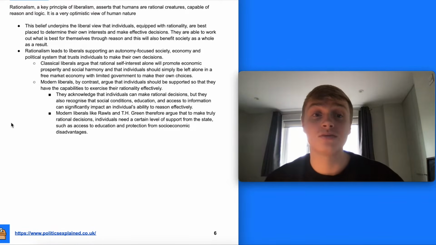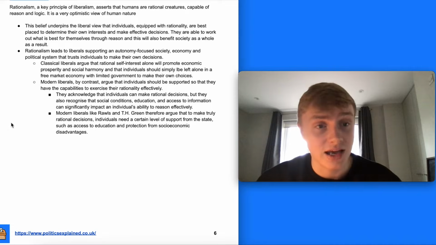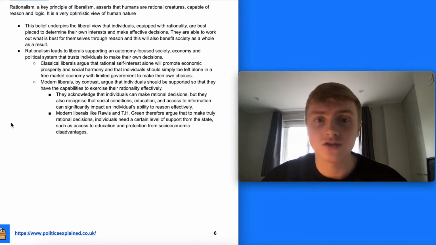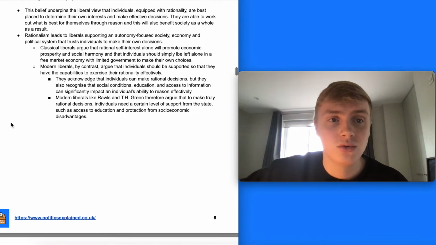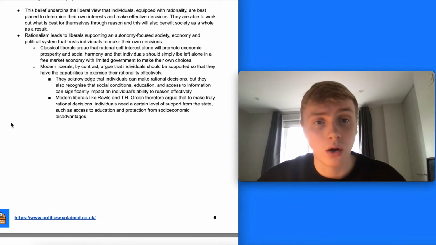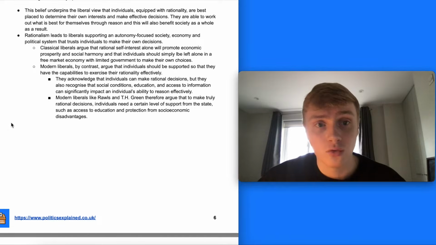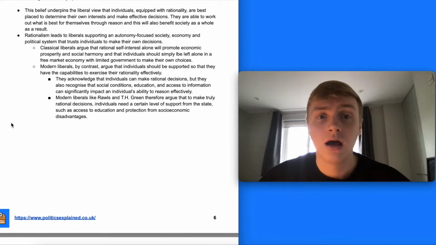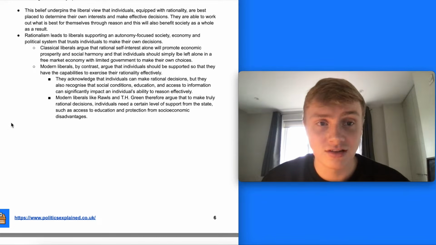And this leads them to supporting a society, economy, and state that focuses on promoting individual autonomy and trusts individuals to make their own decisions. Classical liberals argue that rational self-interest alone will promote economic prosperity and social harmony, and that individuals should simply be left alone in a free market economy with limited state intervention to make their own choices.